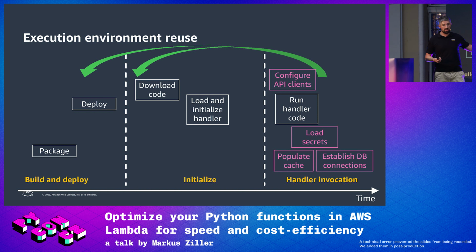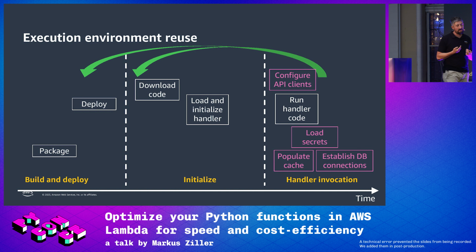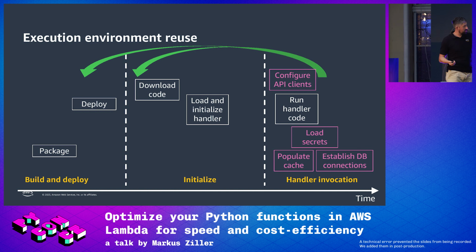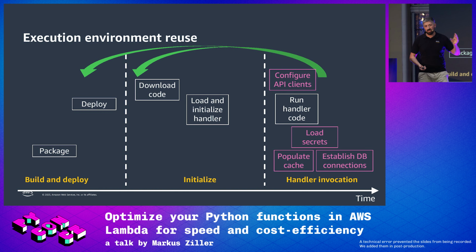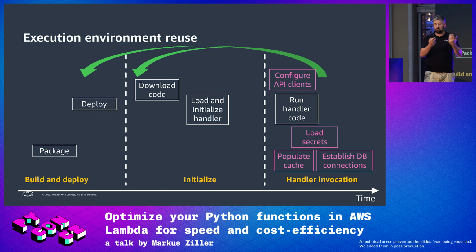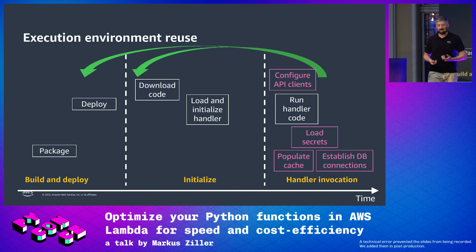We might load secrets. We might want to populate a cache or create a database connection. All those things cost compute cycles, and we will need them every time the function is invoked. So ideally we want to move this to an earlier stage. Ideally in the build and deploy stage when we bundle and upload the code, but at latest in the initialization stage.